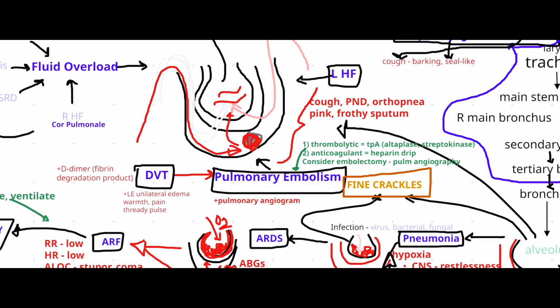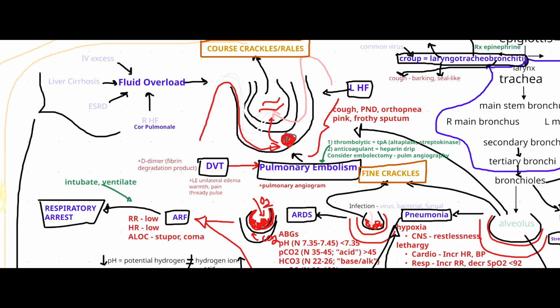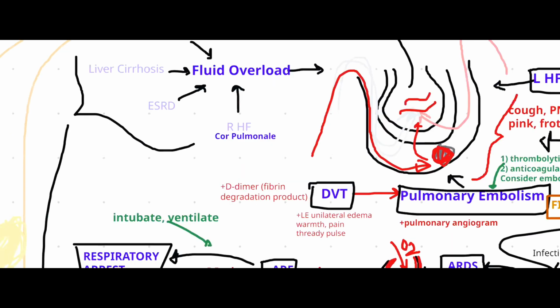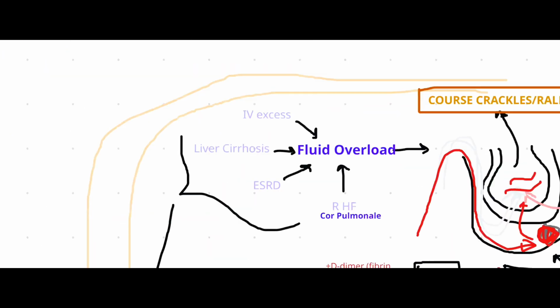For these people with fluid overload, let's just add some things on here that will be beneficial as well. What do we give for these people? Okay, and what is that going to do? Give me the class. Diuretic, loop diuretic.